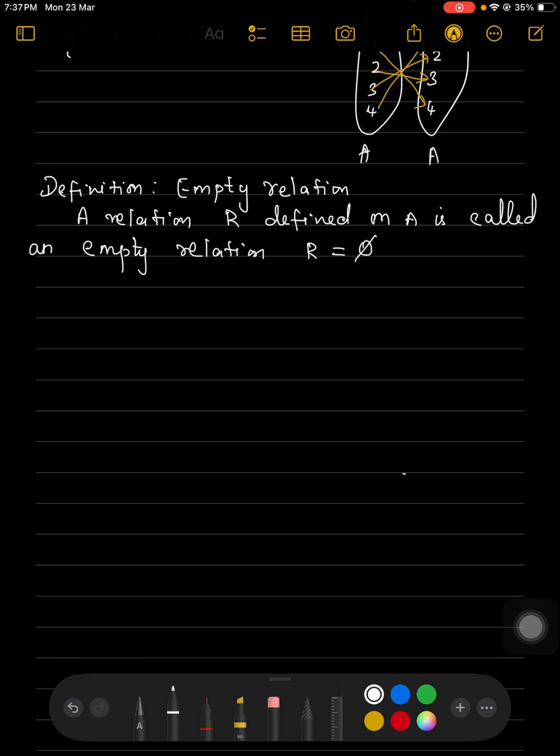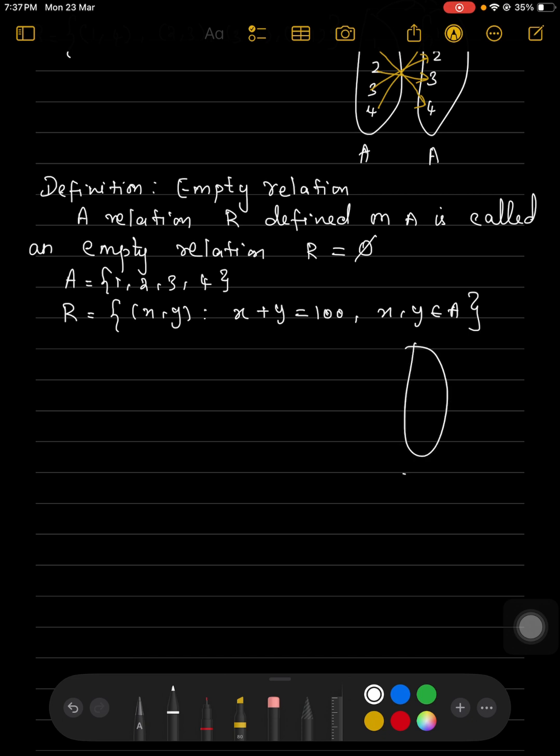Let me give the same example that I have taken just before. Set A is 1, 2, 3, 4. I am defining the relation alone in a different way. (x, y) such that x plus y equals 100, where both x, y belong to set A. Check with this mapping if you are trying. 1, 2, 3, 4, 1, 2, 3, 4.